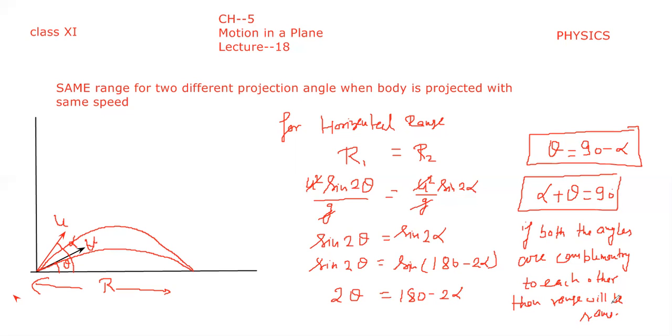Okay, so the same range concept is clear to all of you. If alpha and theta are two complementary angles, then alpha plus theta equals 90 degrees.